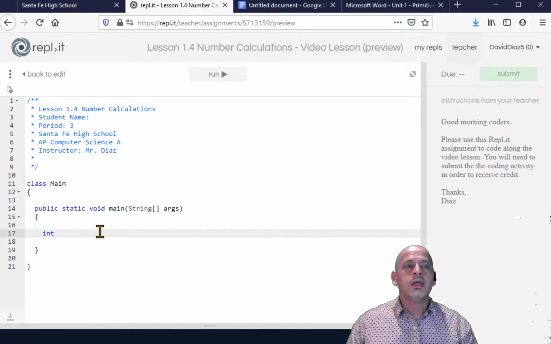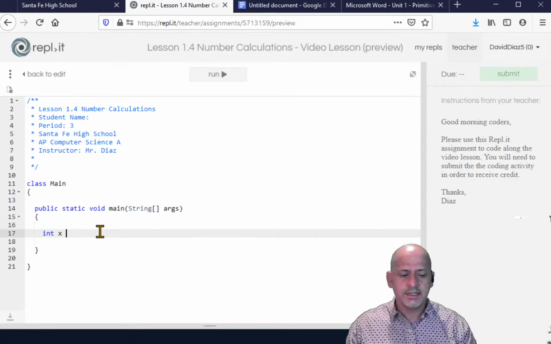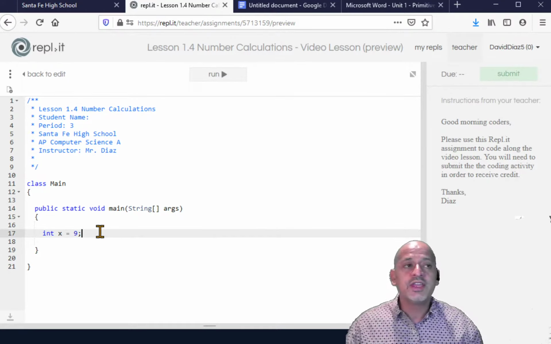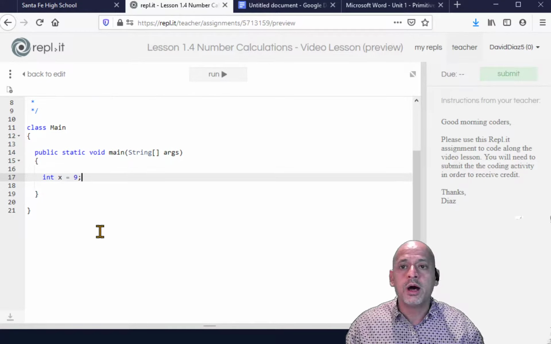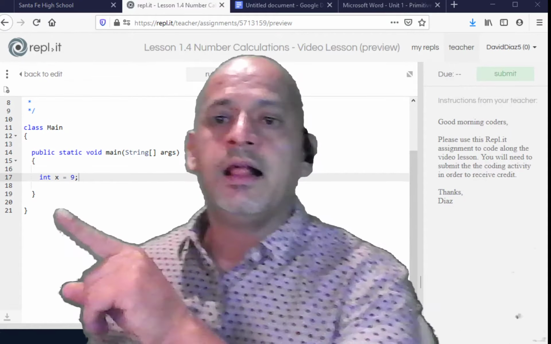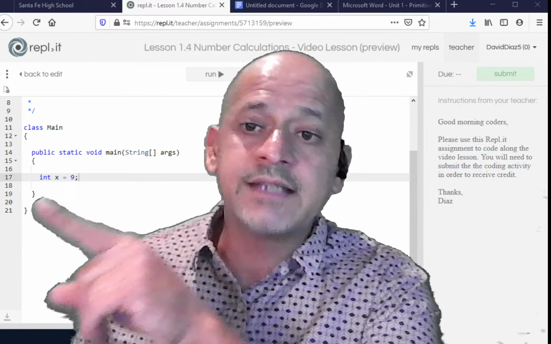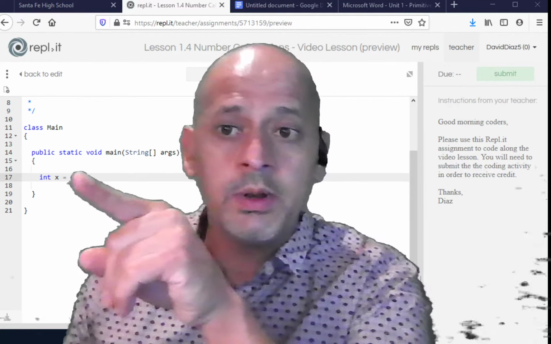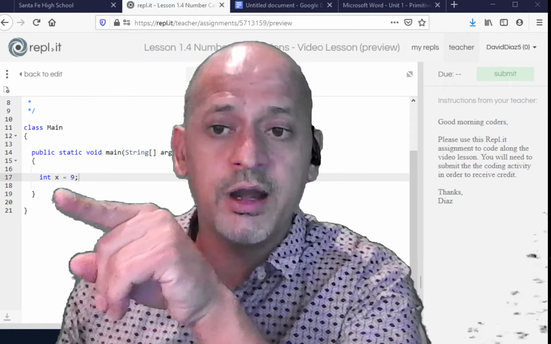To simplify, we're going to place x equals 9. One thing to be careful about when programming in Java is that this doesn't say x is equal to 9. 9 is being placed into the variable x.